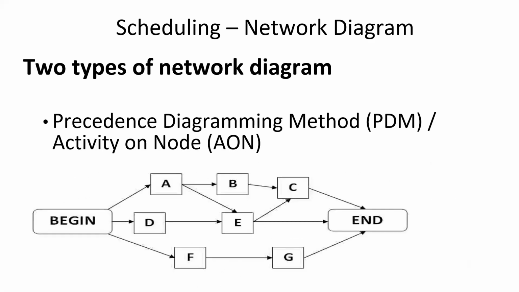Whereas the second kind of network diagram is called the precedence diagramming method, or activity on node. Rather than having activities on arrows, you have activities on nodes. So for instance, activity A, and then the arrow represents that after activity A, you would be doing activity B and E, and right after B, you would do C, and so on and so forth. This is the most commonly used network diagram, and it's the most commonly tested on PMP exams.